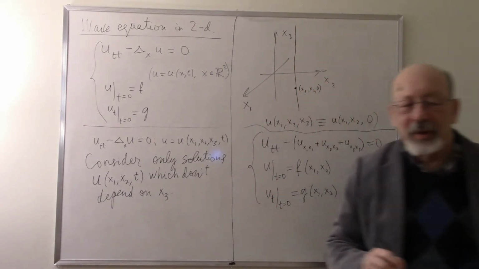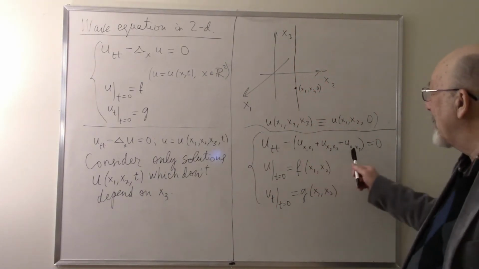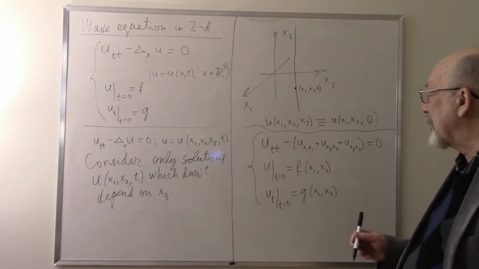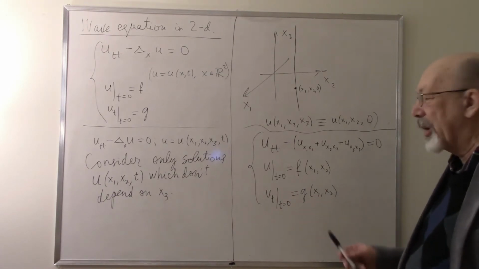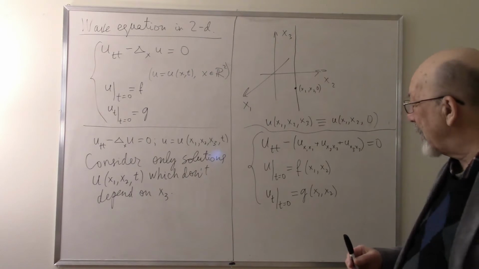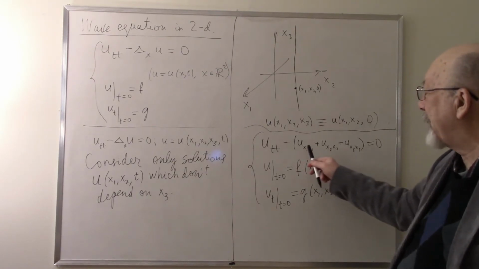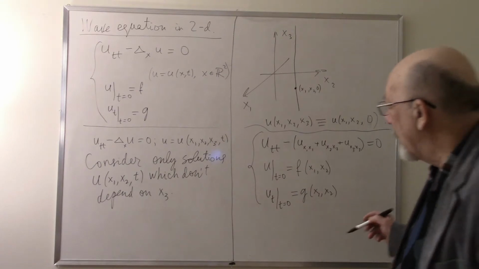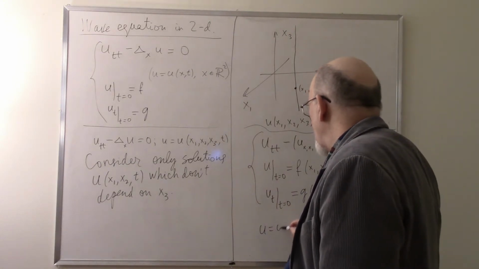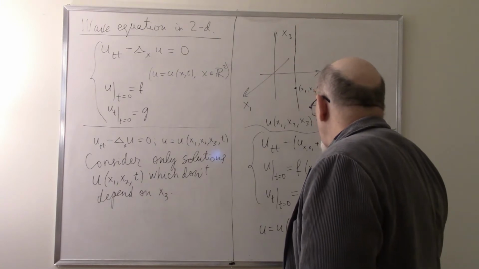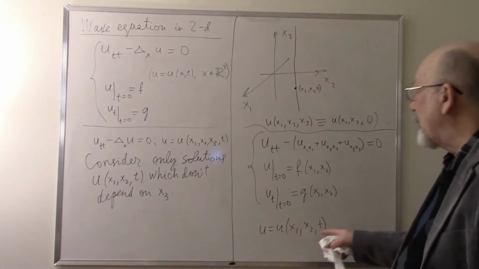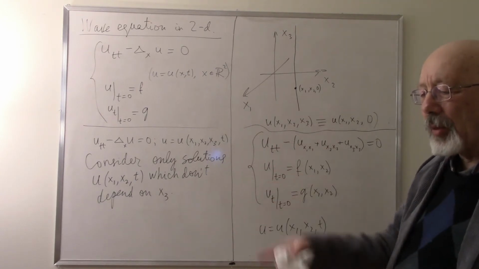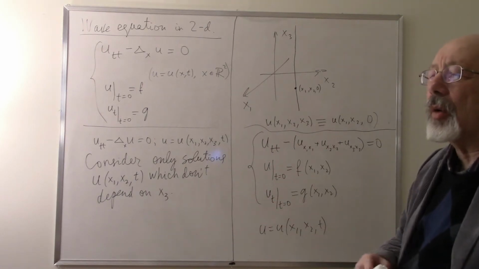So it is the three-dimensional wave equation, but with initial conditions which depend only on x1 and x2. And we are looking for a solution u of x1, x2, t which depends only on x1 and x2. But to find this solution, we use three-dimensional formulas, the same Kirchhoff formula.